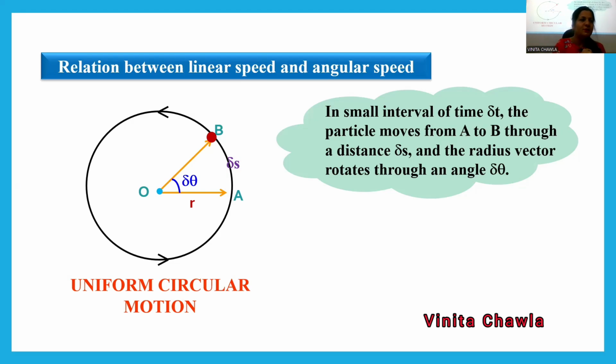The angular displacement of the particle during this time interval is del theta and linear displacement is del S. Okay? So it covers a linear distance del S and the radius vector rotates through an angle del theta in this small time interval.